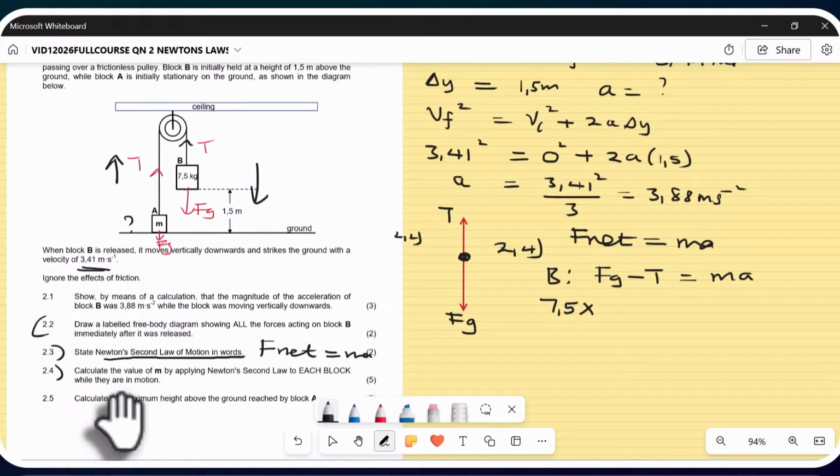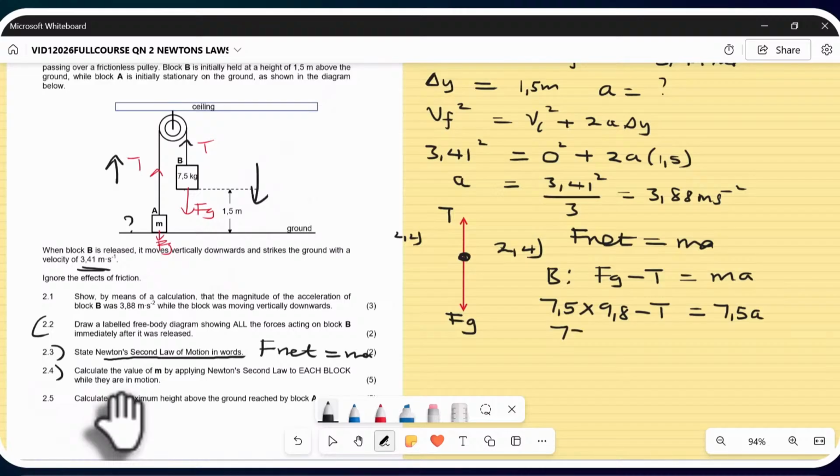Hope we are together. So from here, if I simplify this, 7,5 times 9,8, I get 73,5. And then I can say minus 7,5a equals T. I can say this is equation 1.